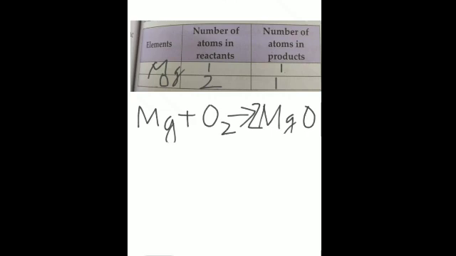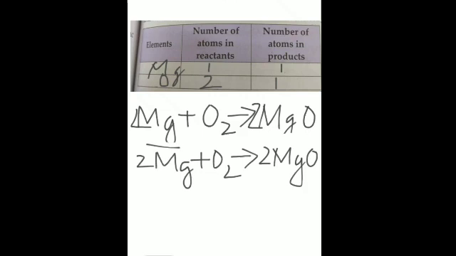When we multiply magnesium oxide by 2, it becomes 2 magnesium and 2 oxygen, but here magnesium still remains 1. So we put a 2 in front of magnesium also.